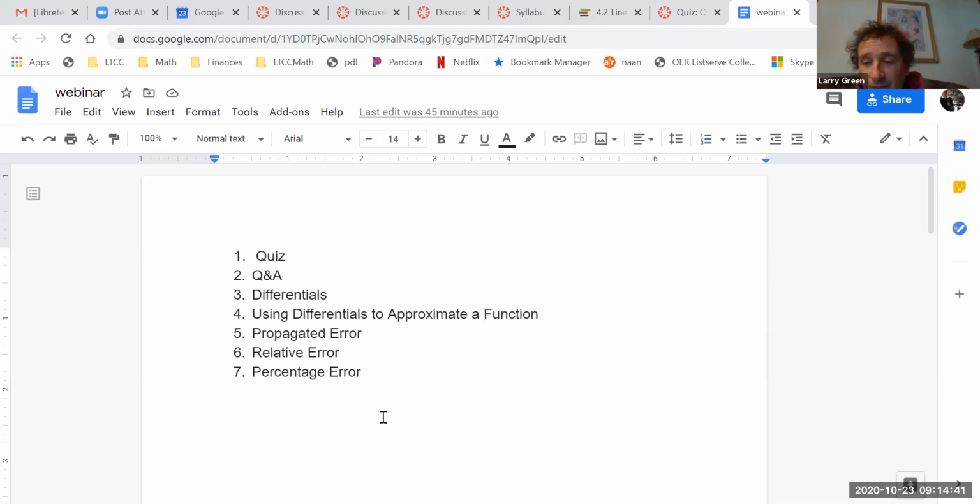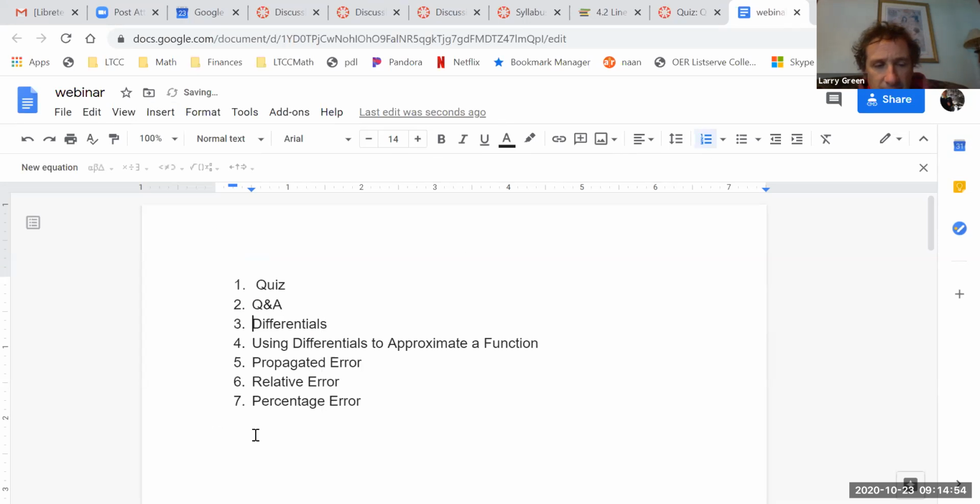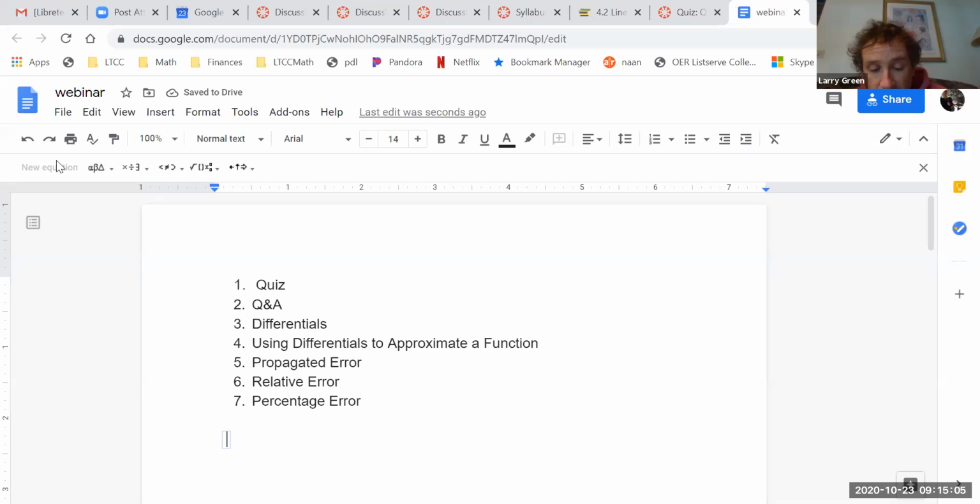If you have a function, let me just start typing, and I'm going to do it in general before I do the example. Let's say y equals f of x. Sound like a good function? That's the general function.